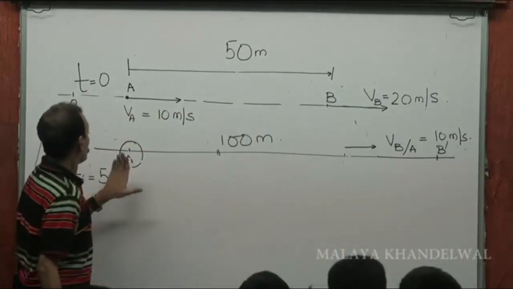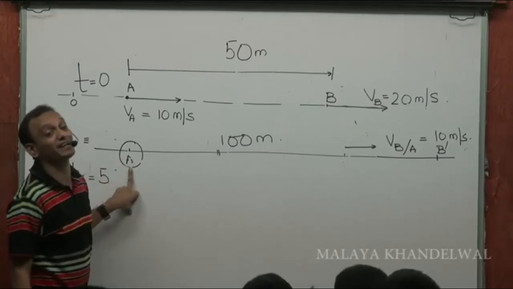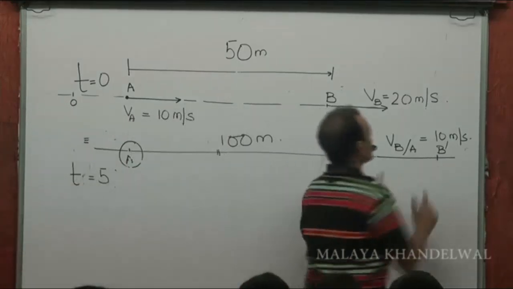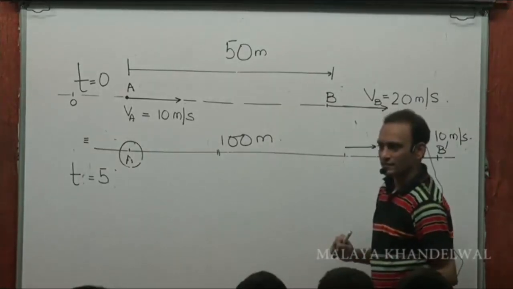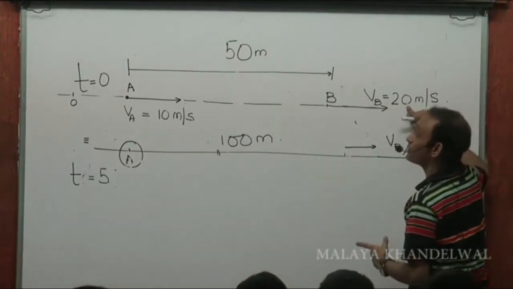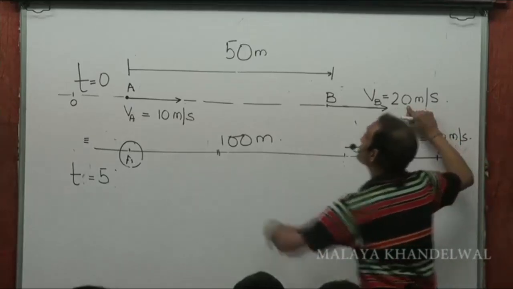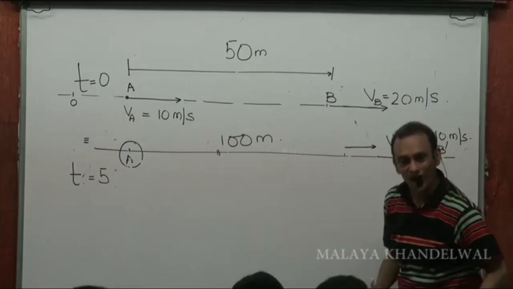But in the equivalent relative velocity situation, it will not tell me exactly where A is or where B is. B is not 100 meters from this position 5 seconds later. Right? 5 seconds later, B would have traveled 100 meters, and then from this original position, it would have been 150 meters. Yes or no?